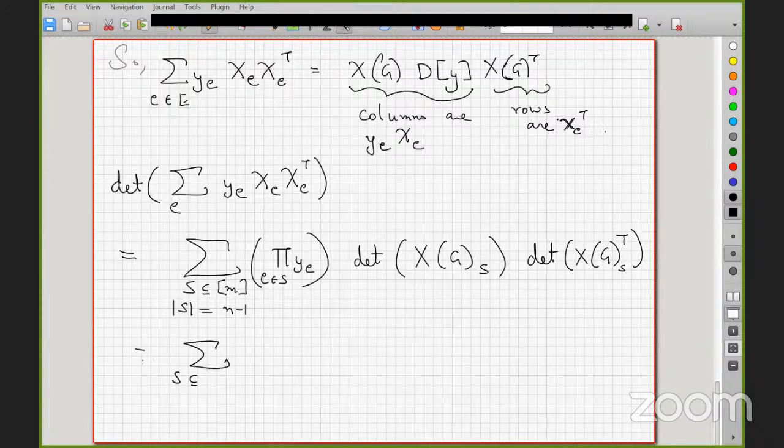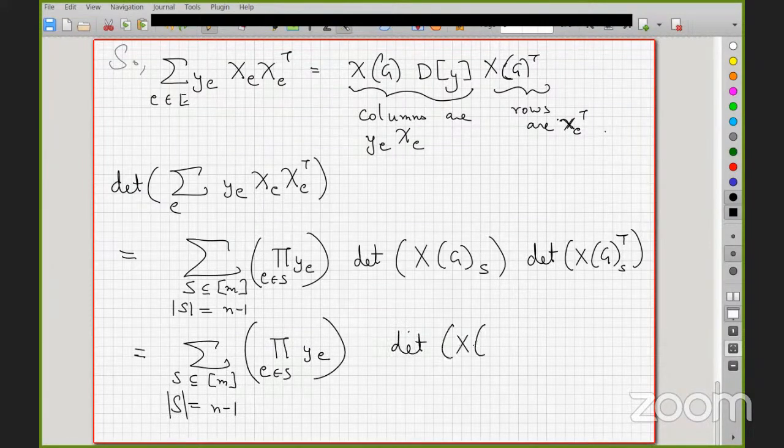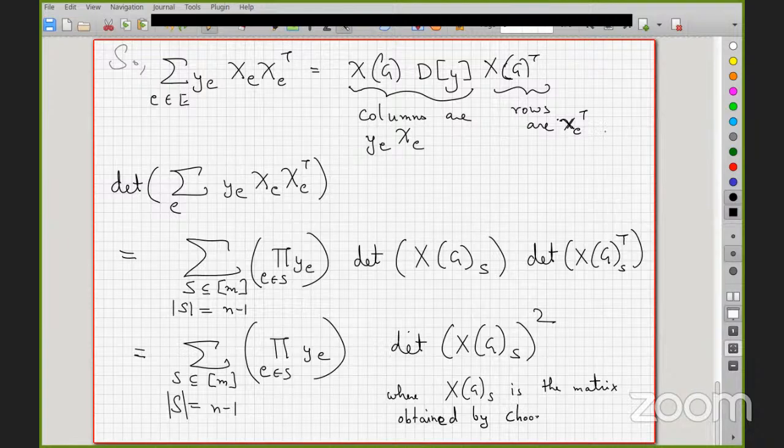So this whole thing is the summation over S a subset of M, where the size of S is n minus 1, of the product over e in S of y_e, times the determinant of X_G,S squared, where X_G,S is the matrix obtained by choosing columns of X_G corresponding to those edges that are in the set S.